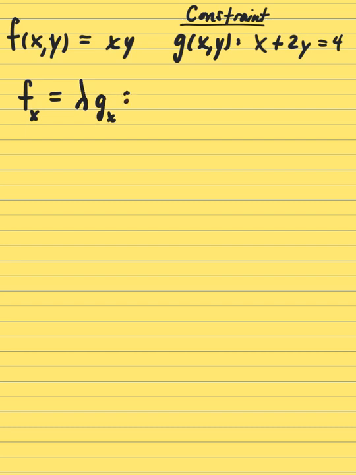So function f, if you take its derivative with respect to x, the derivative of x is 1 times y gives us y. That's equal to lambda times the constraint. Its derivative with respect to x is 1, 0, and 0.